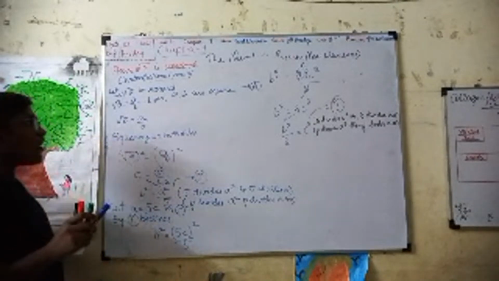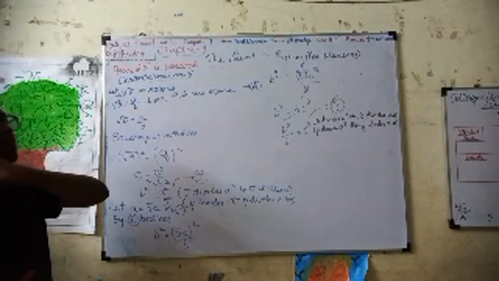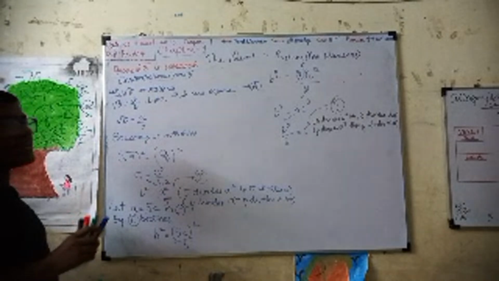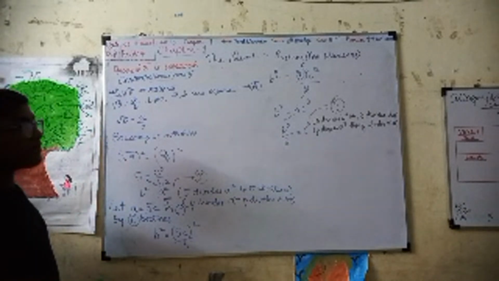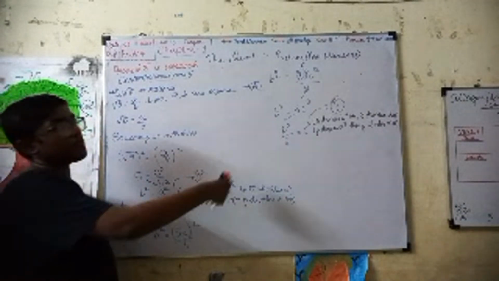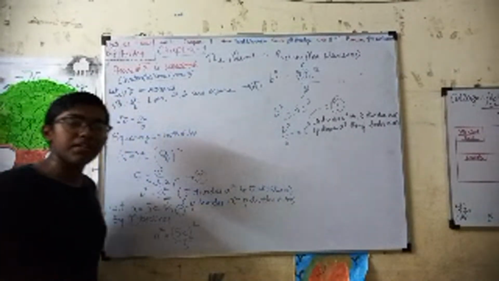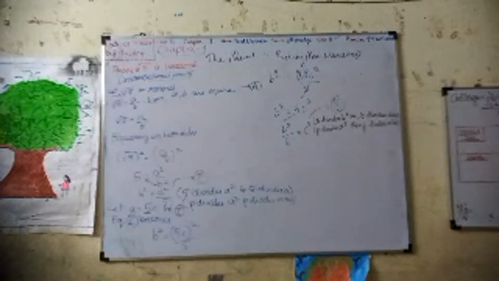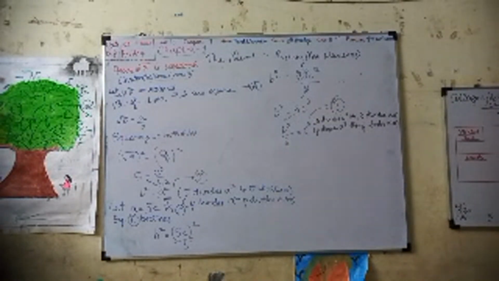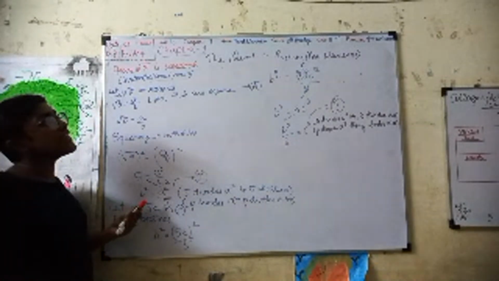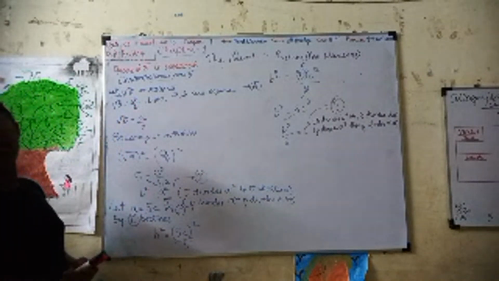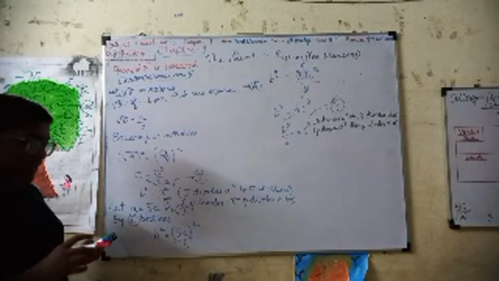Leave it, because HCF should be 1. If a has 5, it doesn't bother b. But after further proof, we found that 5 divides b also. That means 5 is a factor of b square. So this means the HCF of a and b is 5. It is not 1.